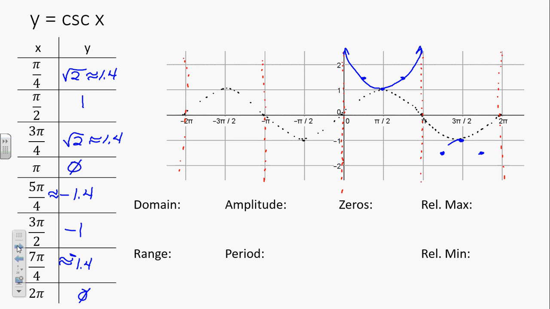And then an upside down or reflected parabola down here. And then we do the same thing on the opposite side. It's going to be flipped, upside down first, right side up.